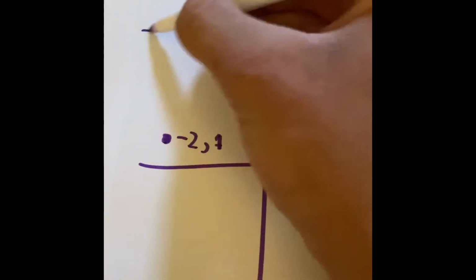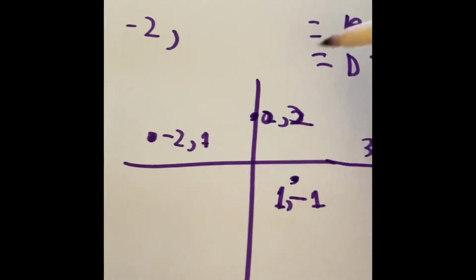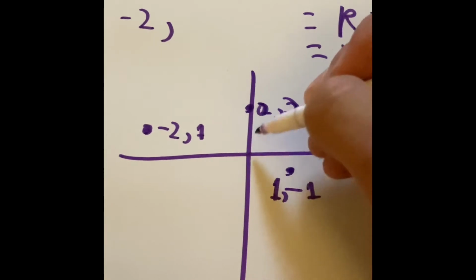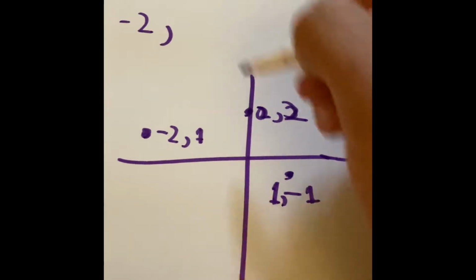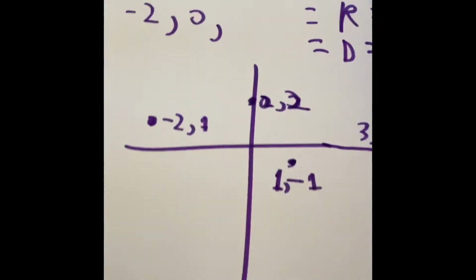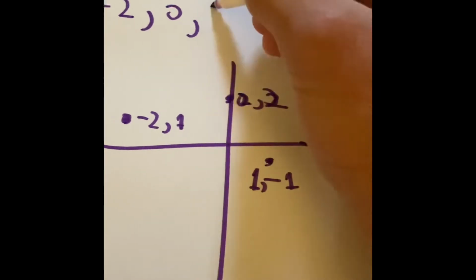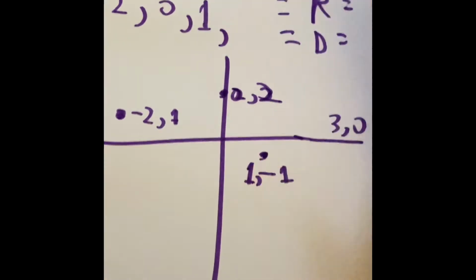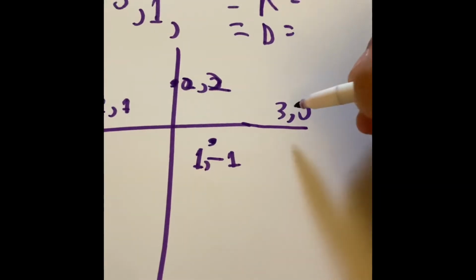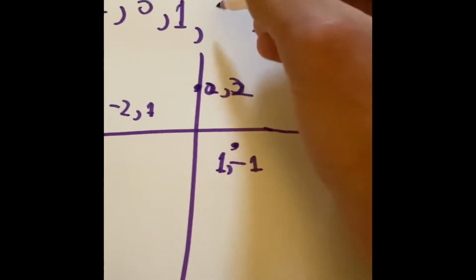So we're going to say -2, comma, 0, then 2, comma, 1, then -1, comma, and last but not least, 3, 0.